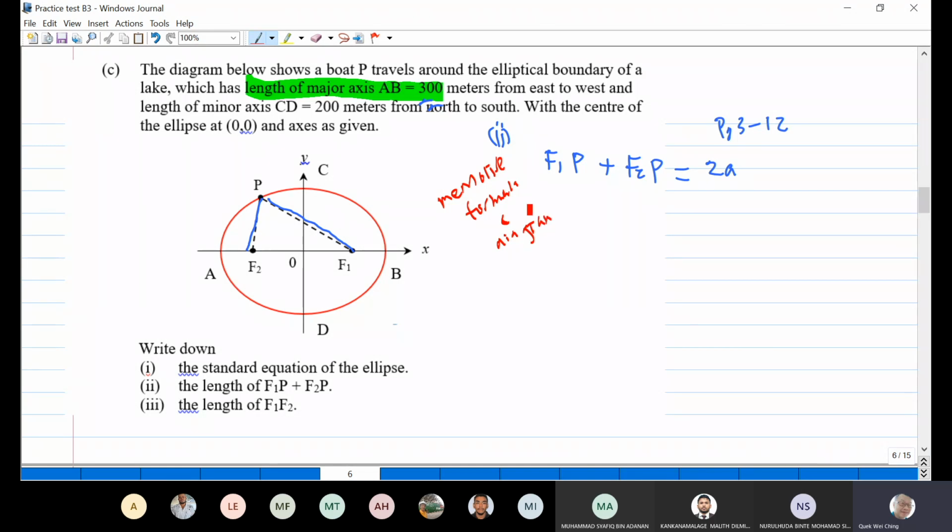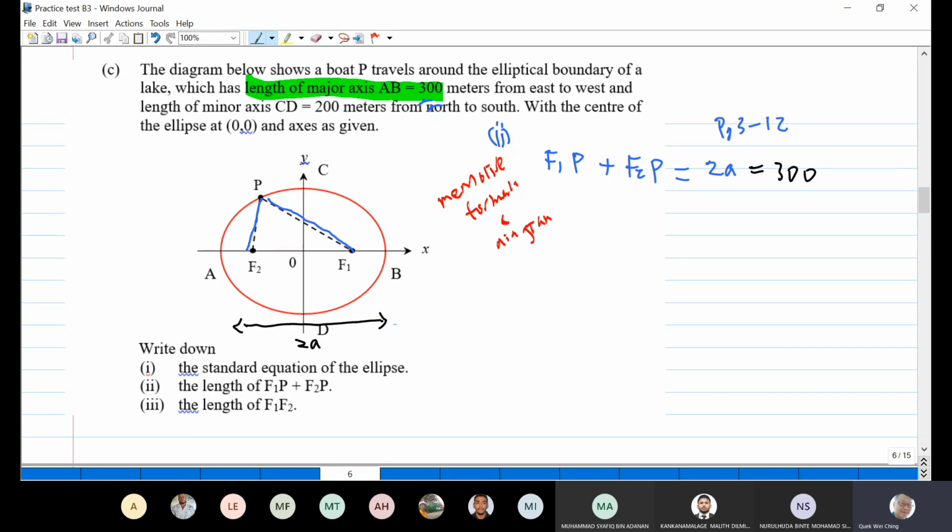So where is 2a here? 2a is the distance on the major axis. So from here to here is 2a. Given the length of the major axis is 300, that's the answer.